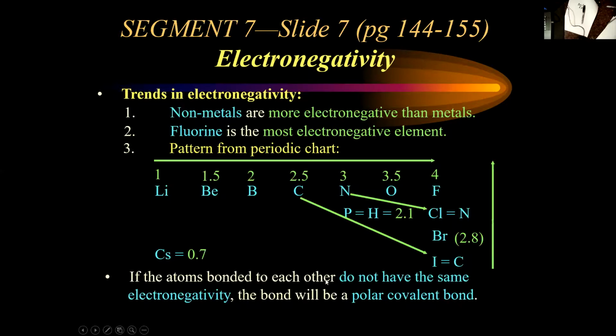Now, when you bond two atoms together that don't have the same electronegativity, the bond will be a polar covalent bond. Now, think about poles, the North Pole and the South Pole of the Earth. They're opposite charge, right? And the magnetic field of the Earth is distributed from north to south.